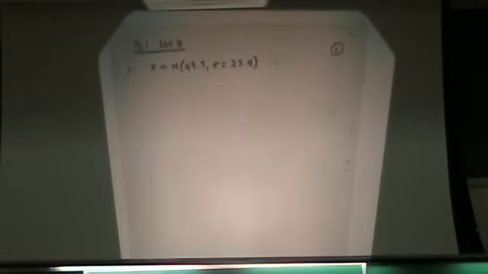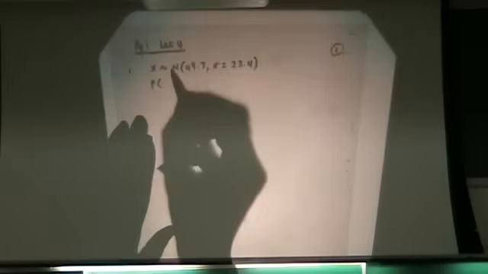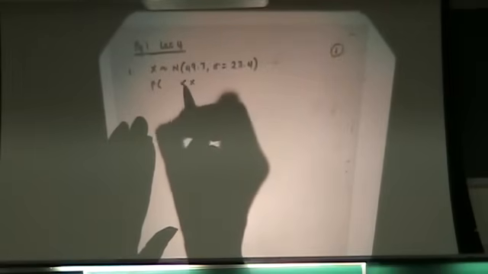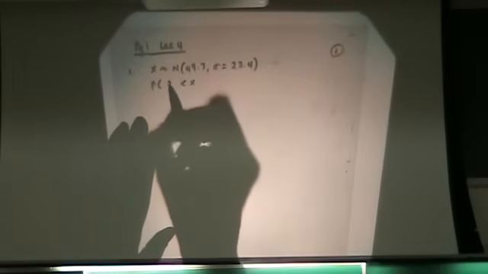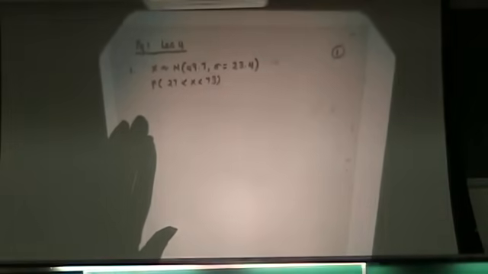What proportion of individuals can be expected to have a heart rate between 27 and 73? So find the probability that X lies between 27 and 73. That's the question, right? So we know how to do this, don't we?